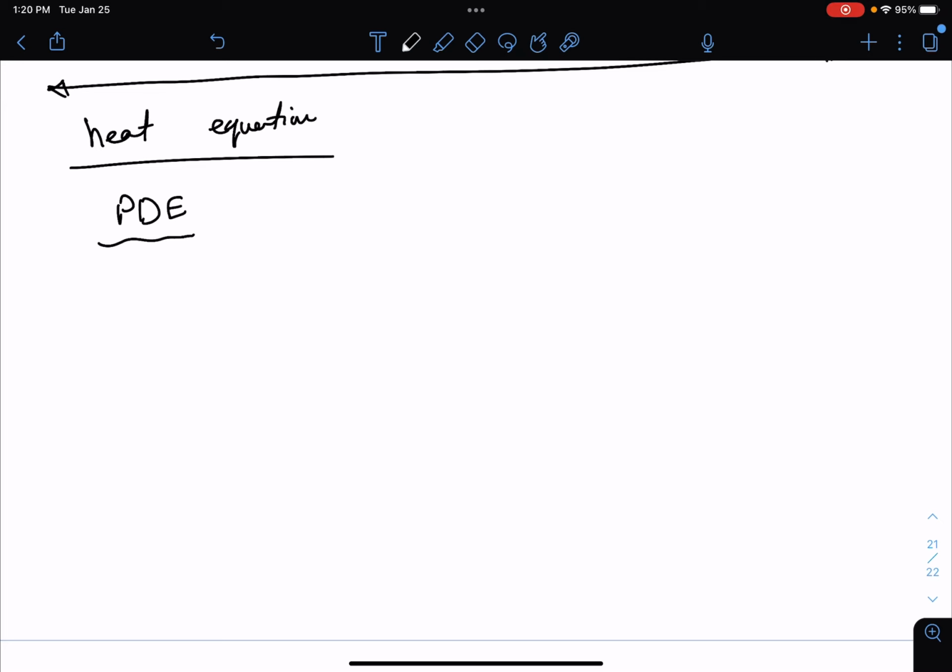So again, the goal here is to start with the general heat equation, and then we'll move on to the one-dimensional heat equation. So where should we start? Whenever you want to find a governing equation in heat transfer, you have to start with an energy balance. That's always the game. That's always the case.